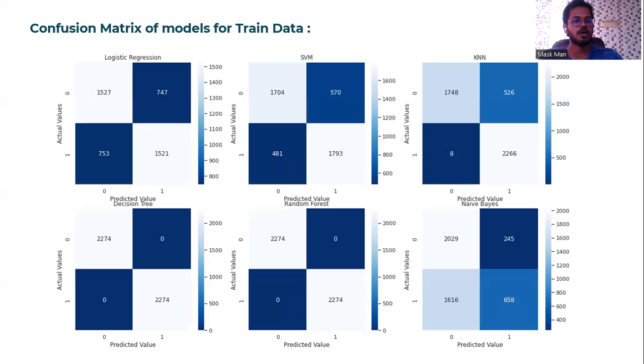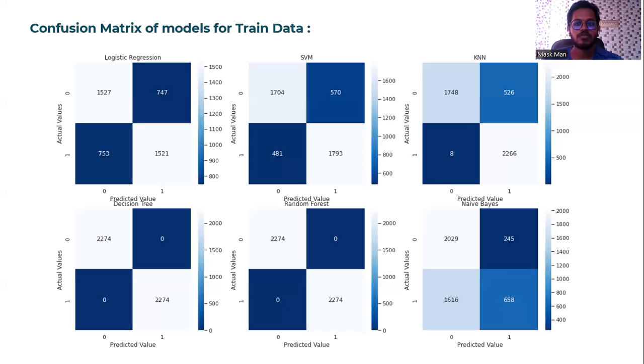If you observe the logistic regression, 1527 is the true negative value, 1521 is the true positive value, 753 is the false negative, and 747 is the false positive.